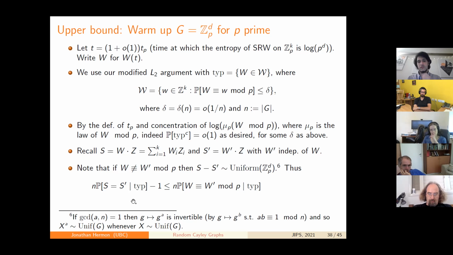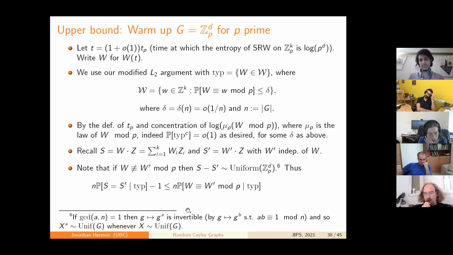So here's why it's uniformly distributed. This doesn't assume the group being abelian. If a is coprime to the size of the group, the operation of sending an element to the a-th power of the element is invertible. This is always the case.